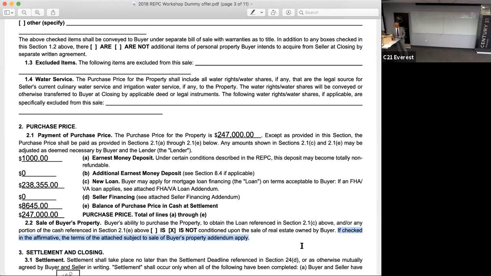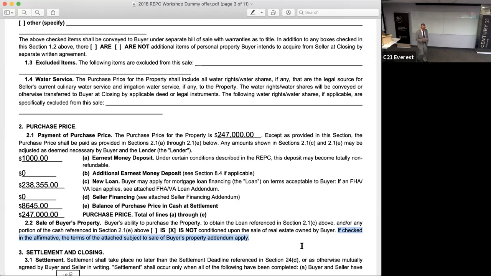So what does that mean? It means they have something to sell before they're going to be approved for their next loan. Okay, good. It means they've got a house to sell, but if you read that last sentence, what does it mean for us? There's an addendum. Yeah, it means we have to use an addendum. So if you check the box as is, you have to use the addendum.